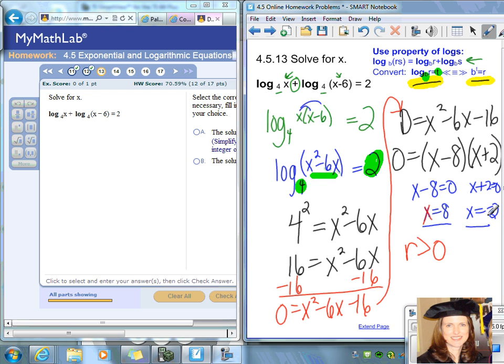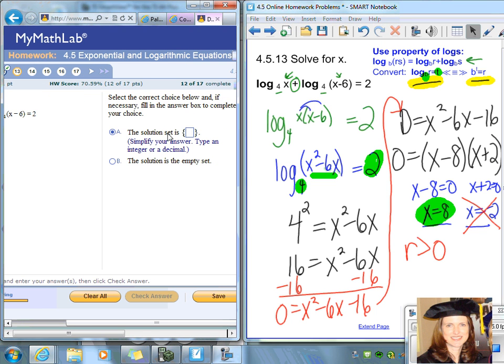But when x is equal to negative 2, you get what we call an extraneous solution. This does not work out. You cannot have a negative argument. The argument must be positive. So although this solution algebraically looks right in the beginning, it doesn't check. So our only solution is x equals 8.